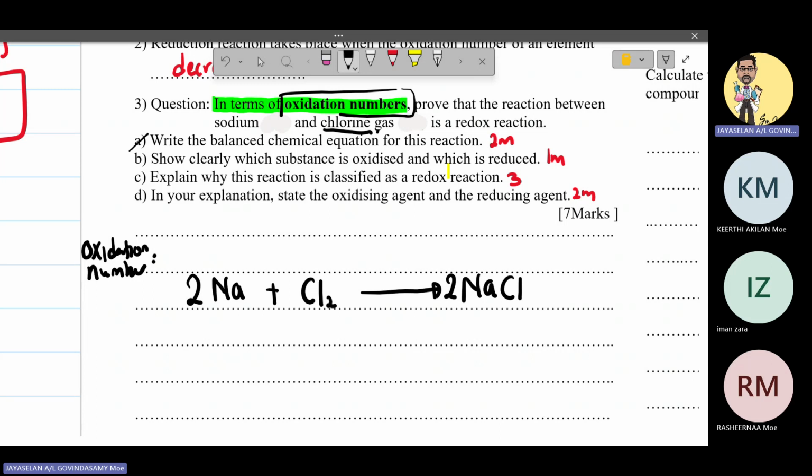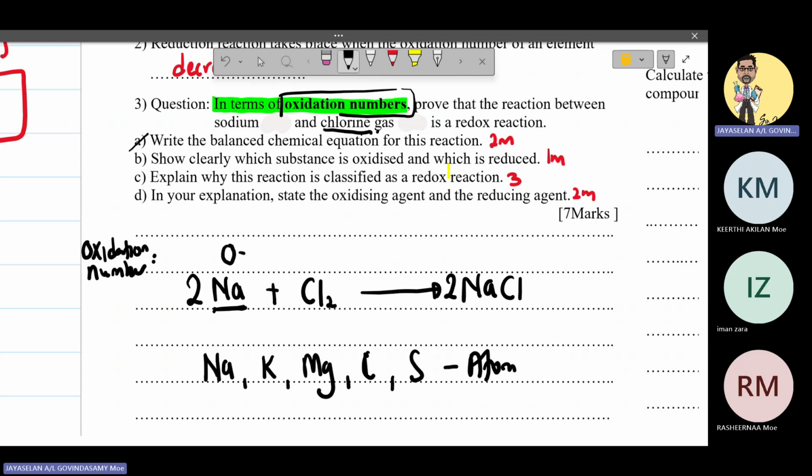Now we want to put the oxidation number. Whether it is 1 capital, or 1 capital 1 small, all of these are atoms. The rule we learned earlier: atom oxidation number 0, right? So you put 0 on the top here.